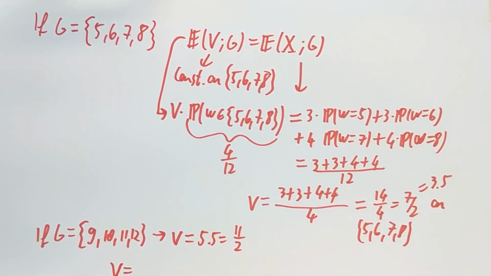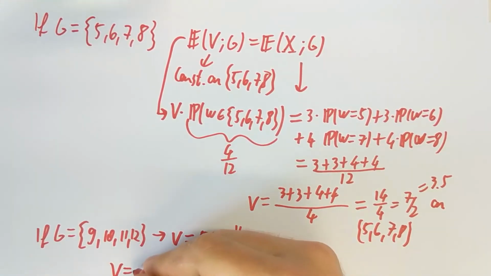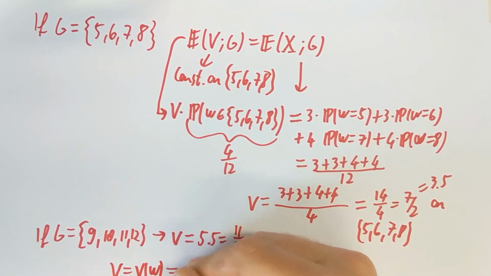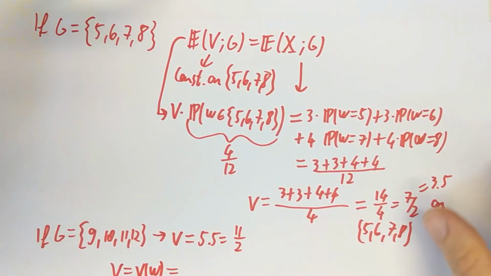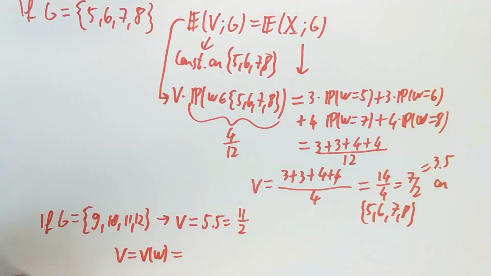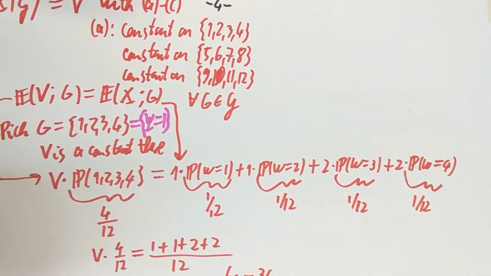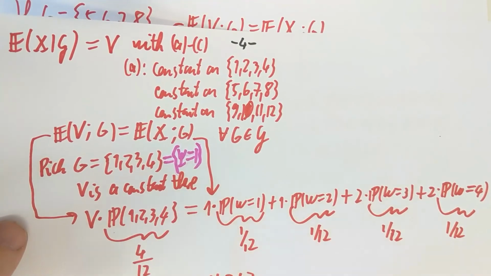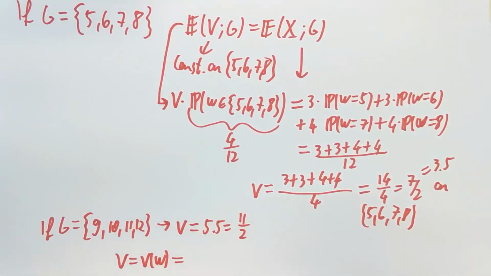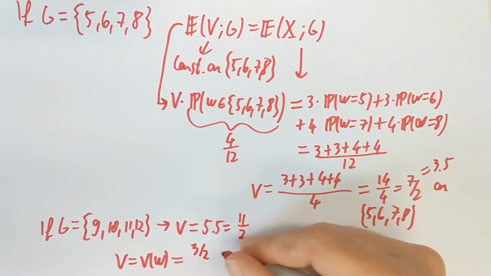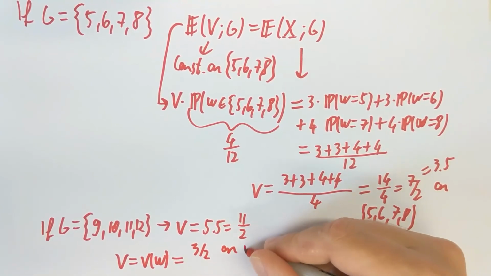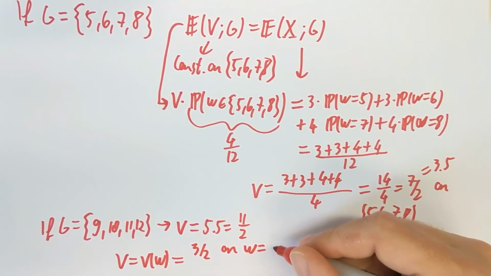So what I find is that V is a random variable. It's a function of omega. Okay? And so if I put together everything I had here, then V is going to be 3/2 on omega equals the first set, 1, 2, 3, 4.